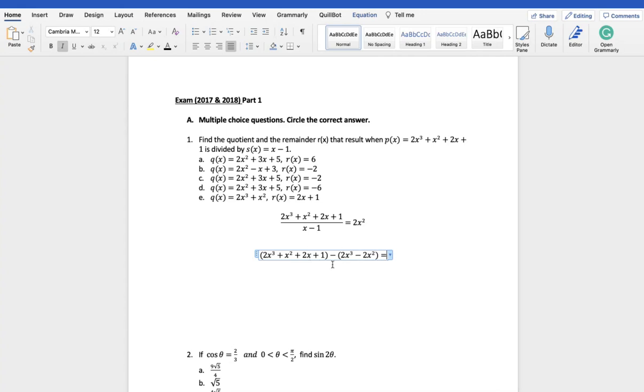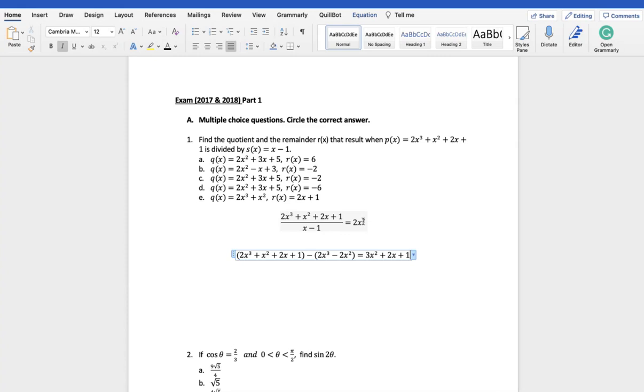Obviously there are two negatives here, so this negative 2x squared becomes plus 2x squared. You add that to the x squared that is there. The x cubed term is cancelled, so you have 3x squared plus 2x plus 1. That's what's left there.